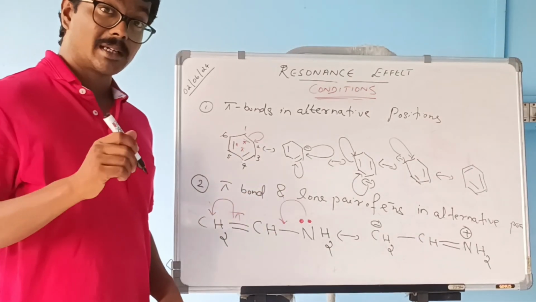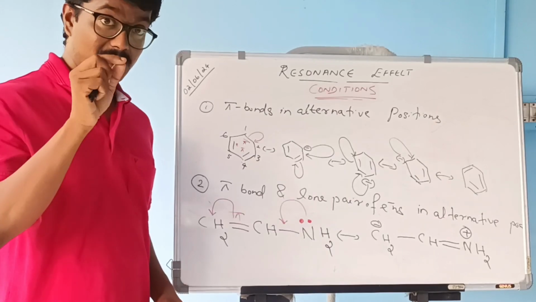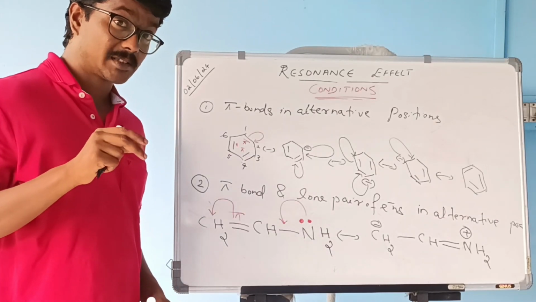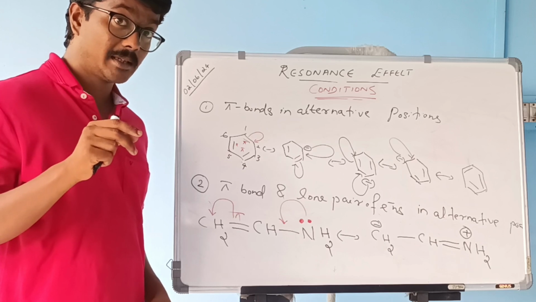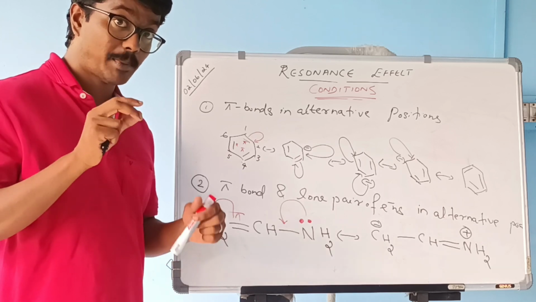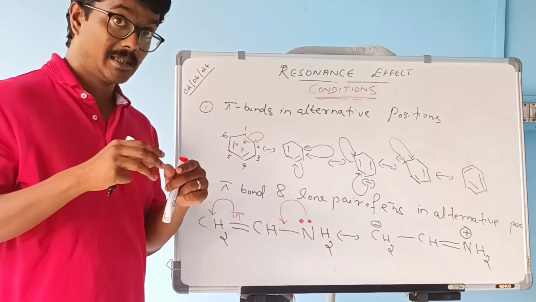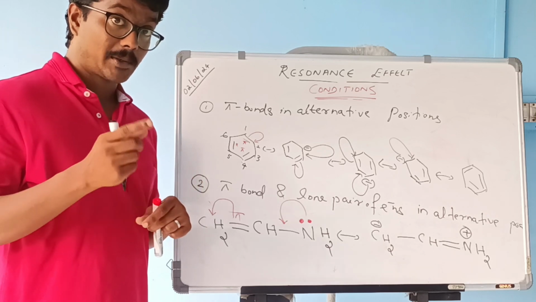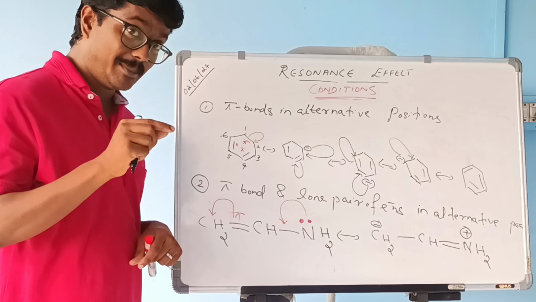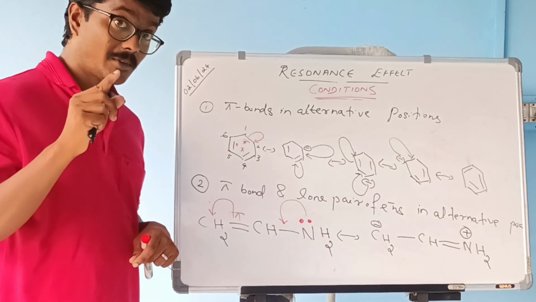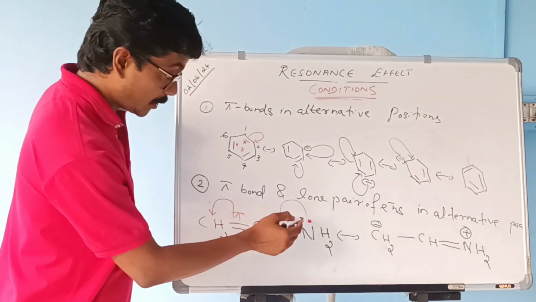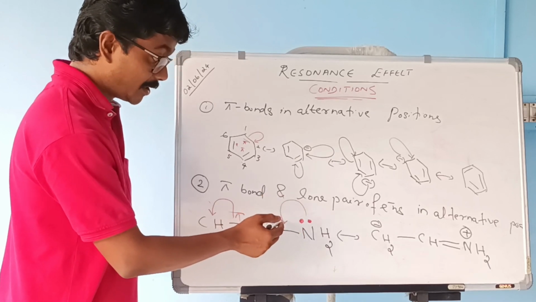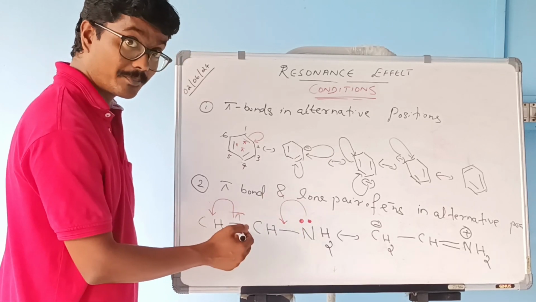Here you should remember an important point. Please note this down. The lone pair of electrons is freer to move than a pi electron, because pi electrons are bonded, but the lone pair is very easy to move. So the lone pair carried by the nitrogen atom is readily available towards the conjugated system.